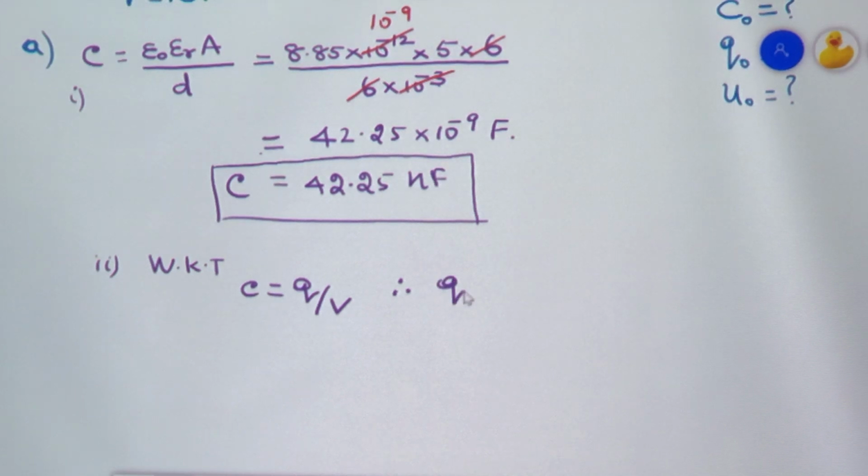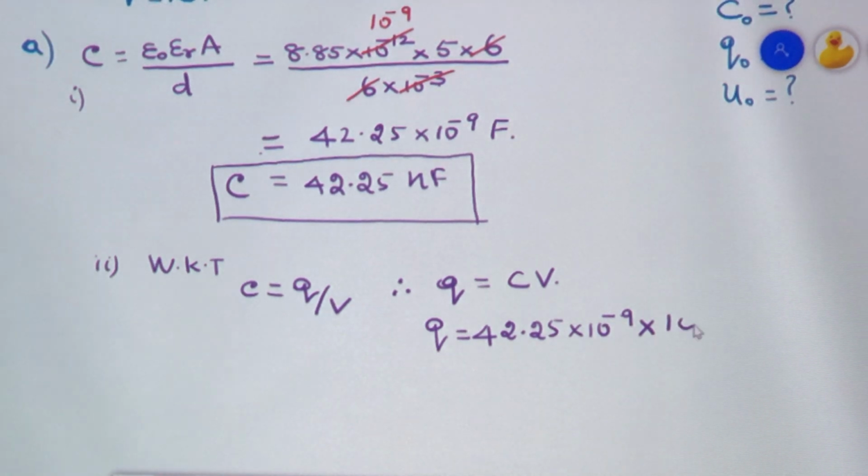Therefore, the charge stored Q is equal to C into V. So Q equals, what is this C? It is 42.25 into 10 to the power of minus 9, multiplied with the potential difference. What is the potential connected? 10 volt.